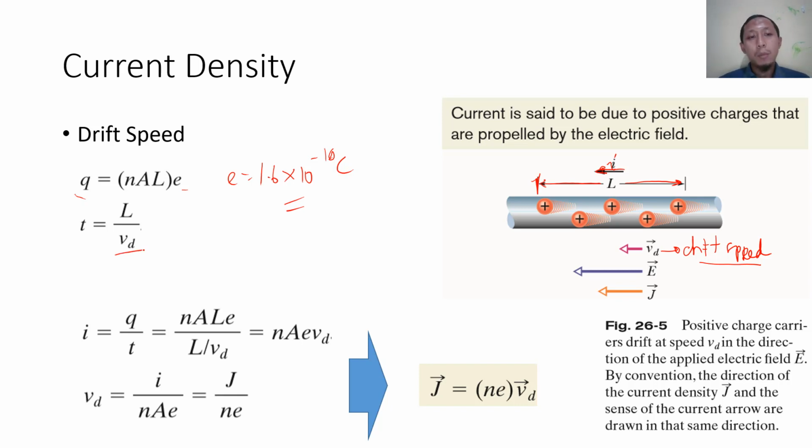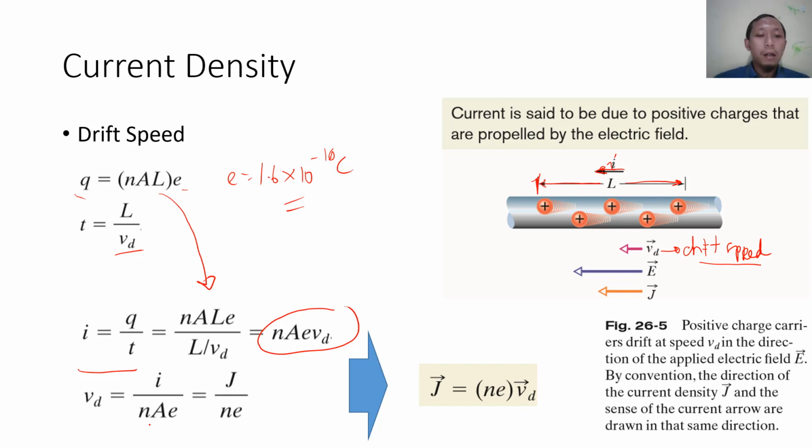So we go back to the definition of the current: I is q per t. We substitute q using this equation, n A L e, and then per t is L per Vd, so we get I = n A e Vd. So Vd is equal to I per n A e.